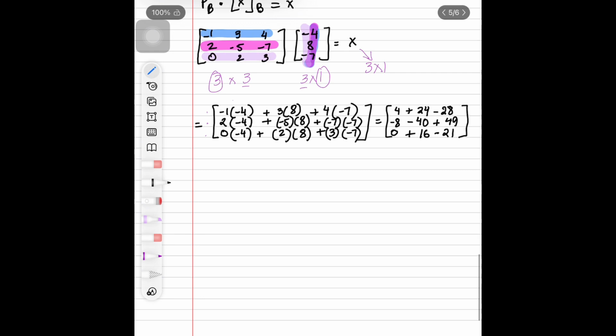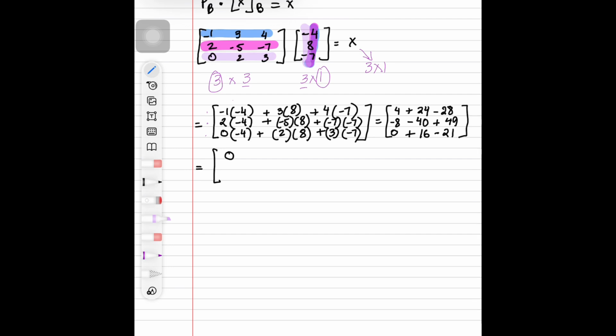So let's add them together. 24 plus 4 is 28, minus 28 will give us a 0. So it's a 0. If you combine this whole thing, we get a 0. Now let's do the next one, so we have 49 minus 40 minus 8.